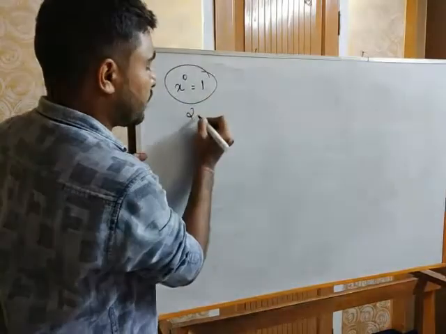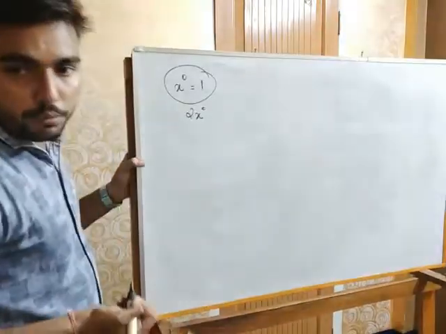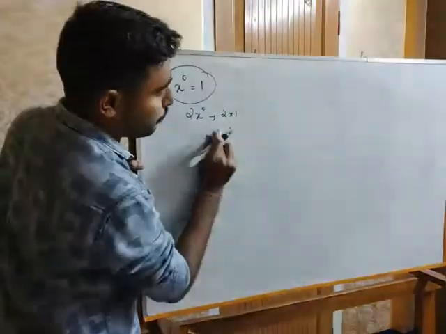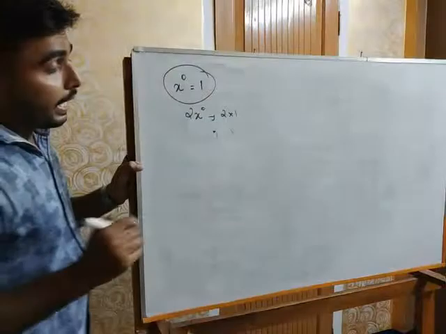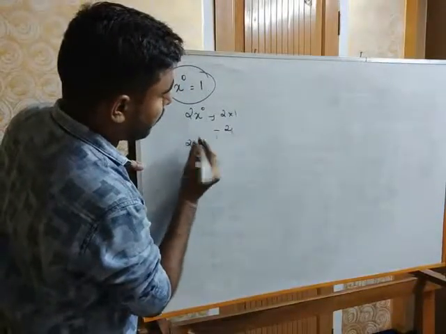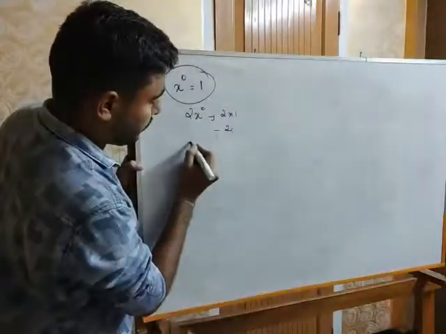So when you write 2, you can write 2 with x to the power 0, because x to the power 0 means 1, and 2 into 1 is 2.